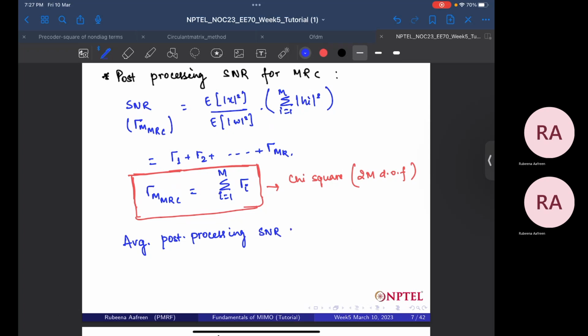So average will be expectation of this SNR, right? Expectation of this gamma_MRC. So this will be equal to summation i equal to 1 to m expectation of gamma_i, right? This expectation of gamma_i is gamma bar that we have seen previously also, right? So this would be equal to m gamma bar.